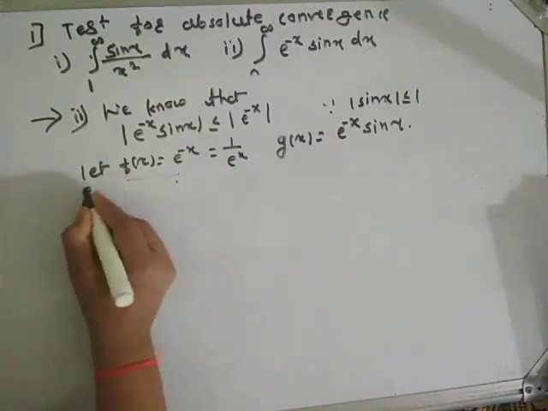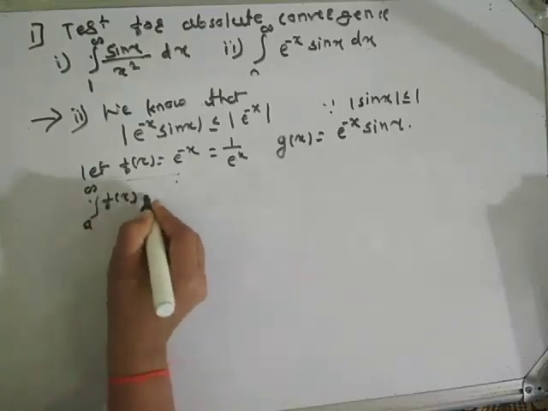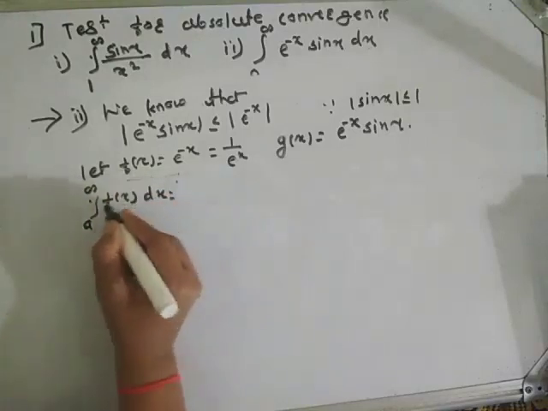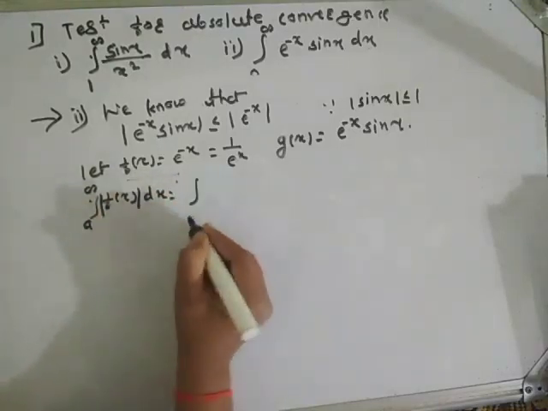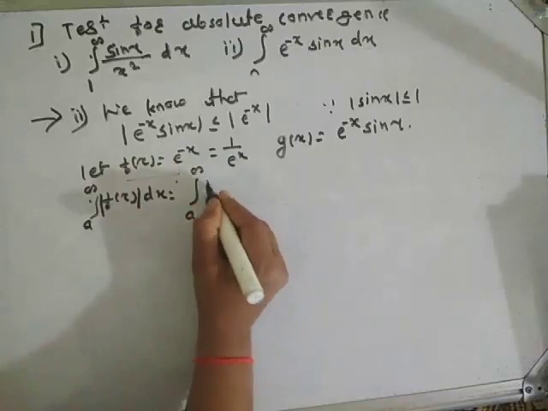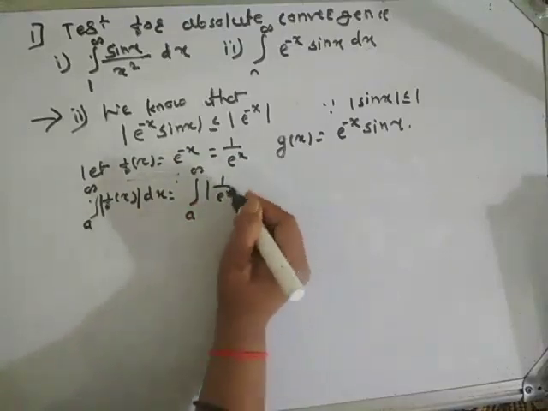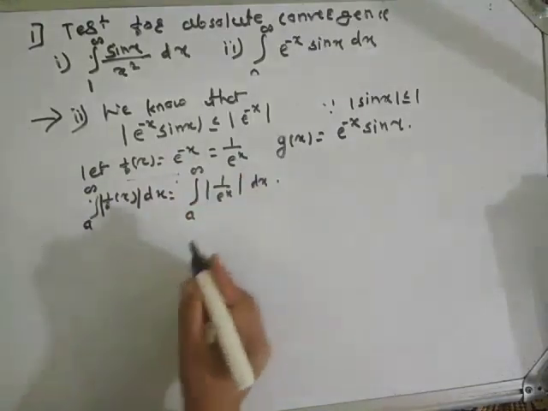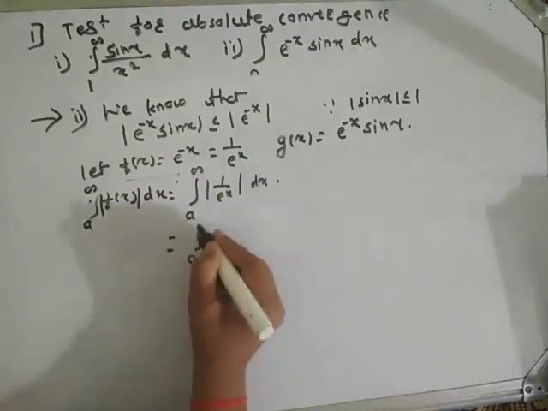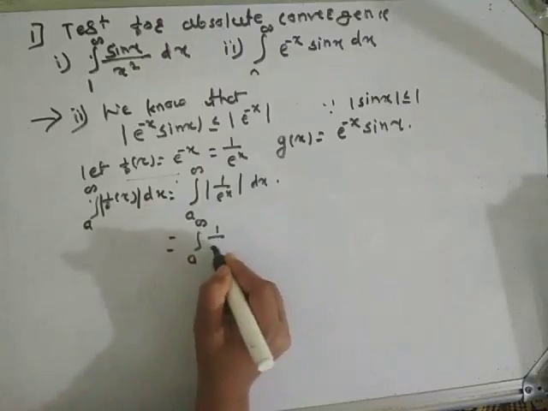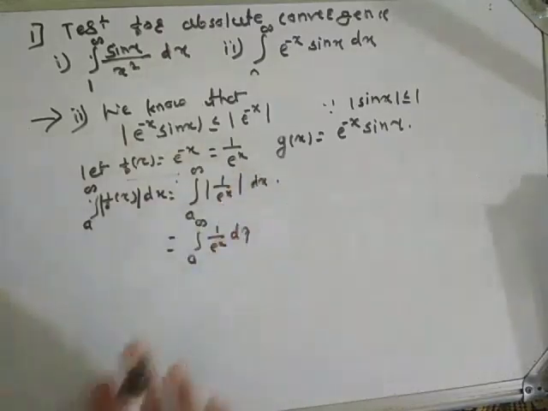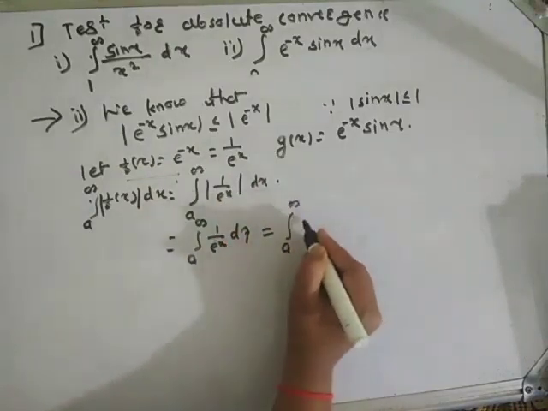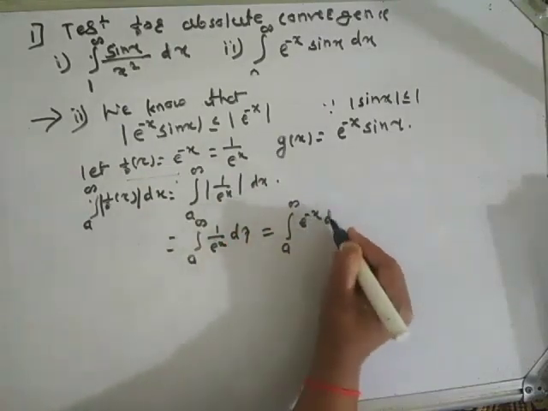Integration from a to infinity f of x dx is equal to modulus of integration from a to infinity modulus of 1 upon e raised to x dx, which is equal to integration from a to infinity 1 upon e raised to x dx. Modulus of this is 1 upon e raised to x. This is nothing but integration from a to infinity e raised to minus x dx.